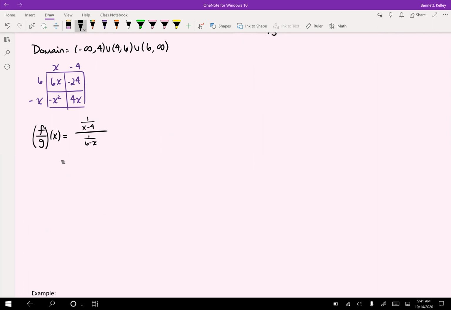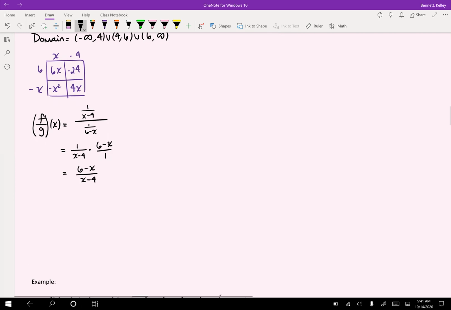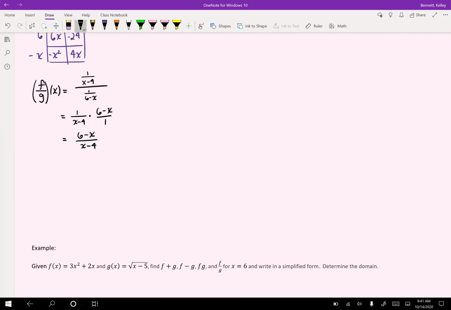So this is 1 over x minus 4 times 6 minus x over 1, which simplifies to 6 minus x over x minus 4. And now what we've done is we've created a different type of restriction on our domain. So now the only problem is that x can't equal 4. So if I write my domain out, I'm not worried about the 6 anymore because now it lives in the numerator.